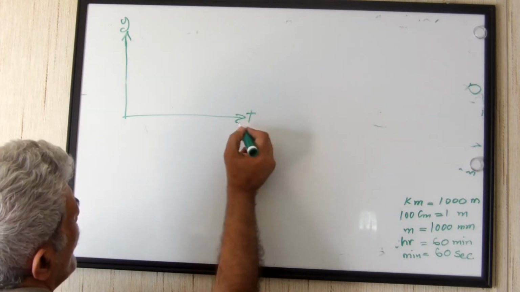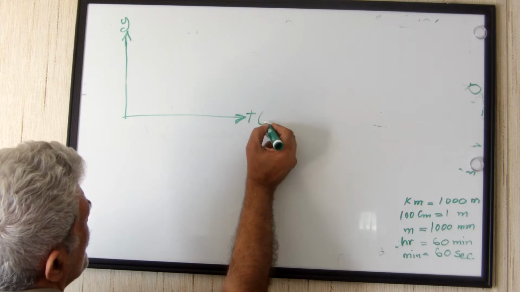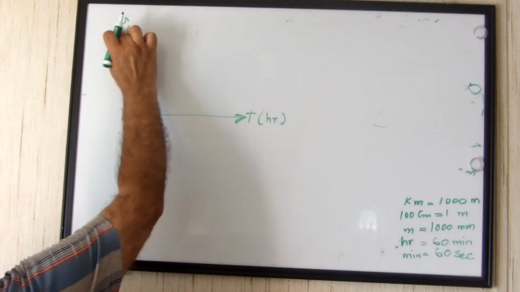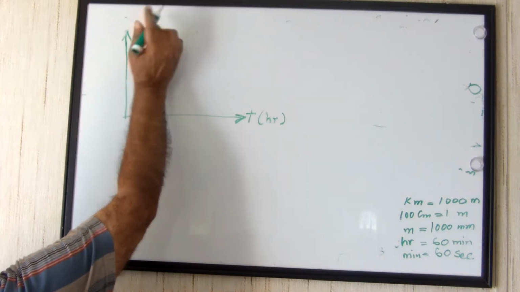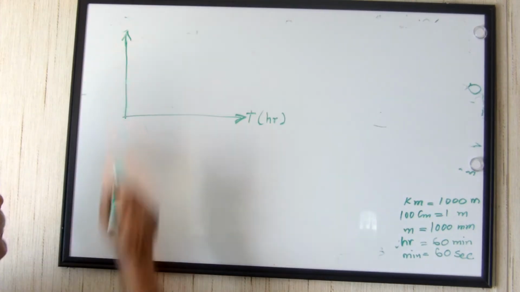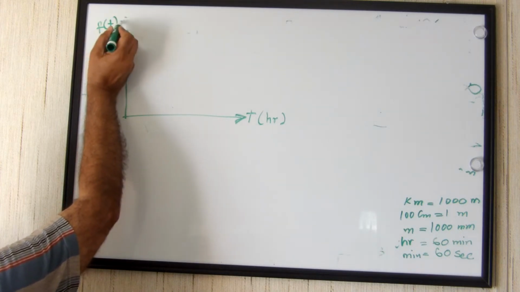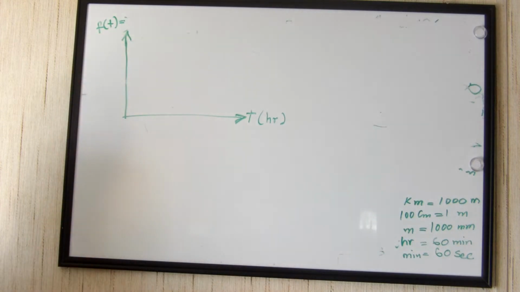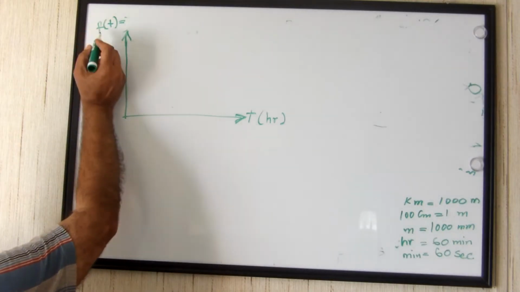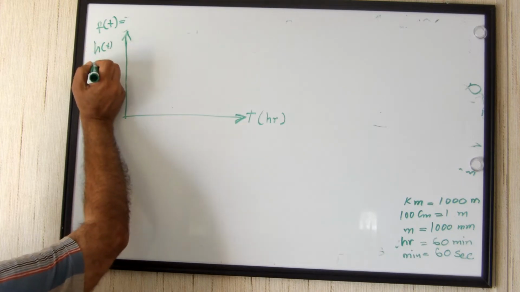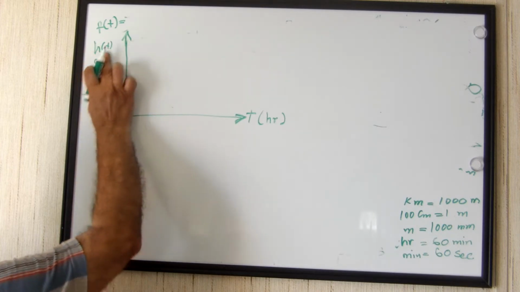This is the time axis, which is in hours, for example. And this is the distance, f of t. We say f of t, function of t. You can use different letters, h of t, g of t, whatever.